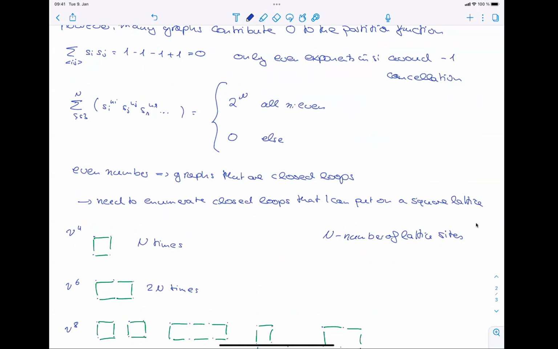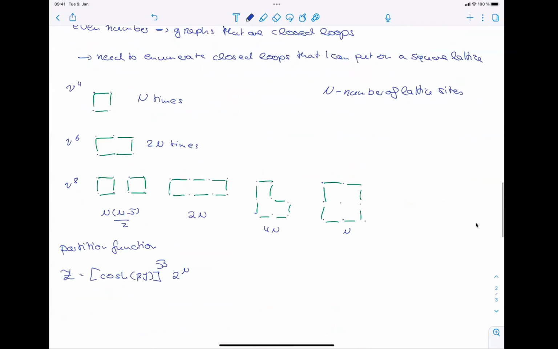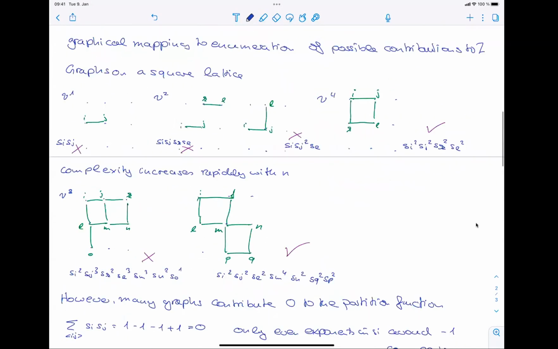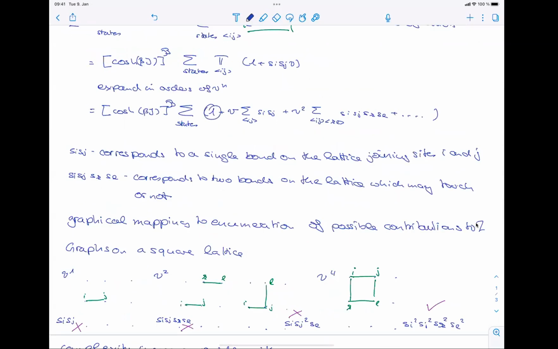And since all the other spins in the lattice come in with the power of 0, they also contribute 1, right? Summing over all states means that I'm summing over all spin configurations across the entire lattice, and the lattice has n lattice sides, and that gives me the 2 to the n. So that I pull out front, and then our sum had a 1. That was the one from the high temperature limit. That's this one.